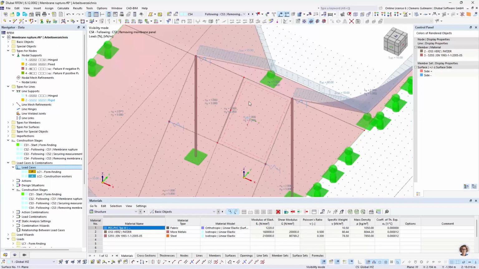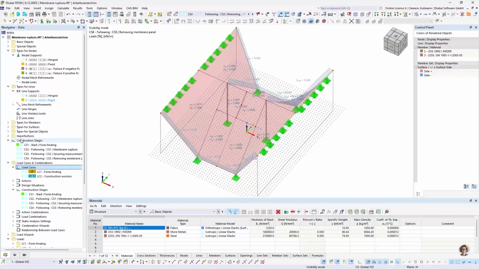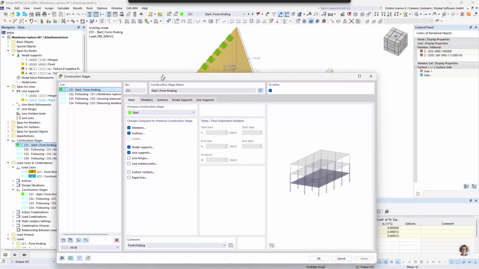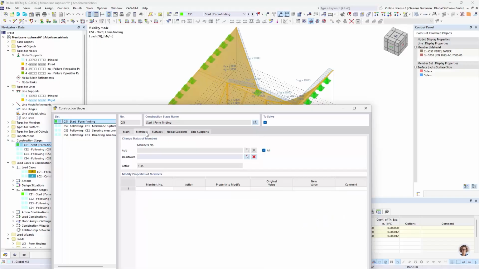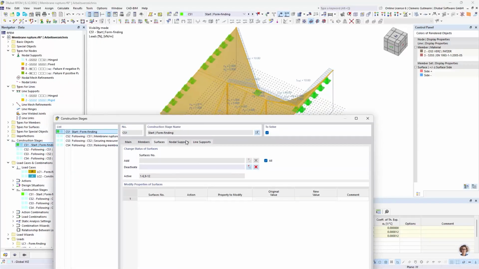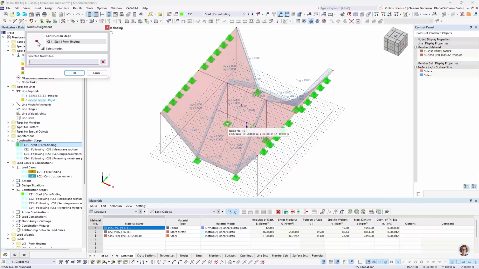So one last thing, we now have to redo the construction stages. So we have all the members and we have all the surfaces, but we don't have all the nodal supports.